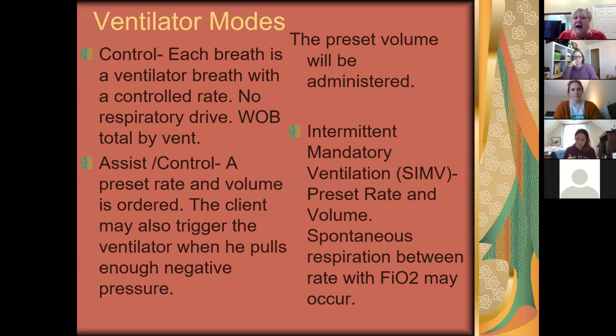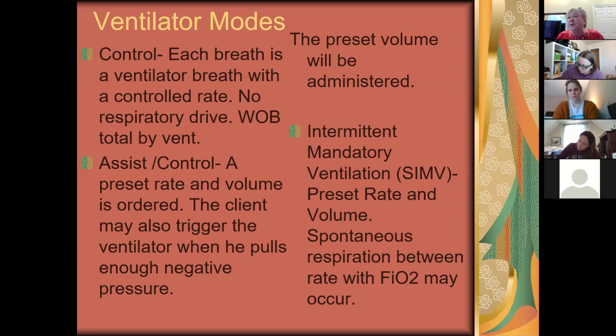Okay. Now, IMV, or intermittent mandatory ventilation, and I will tell you over at CMC, they call it SIMV, which stands for synchronized intermittent mandatory ventilation, SIMV. In this case, they will get the control part. They will get the 16 breaths. They will get the 600 mLs. They will get the FiO2 of 60%. But when the patient initiates negative pressure of a breath, their breath is not assisted.